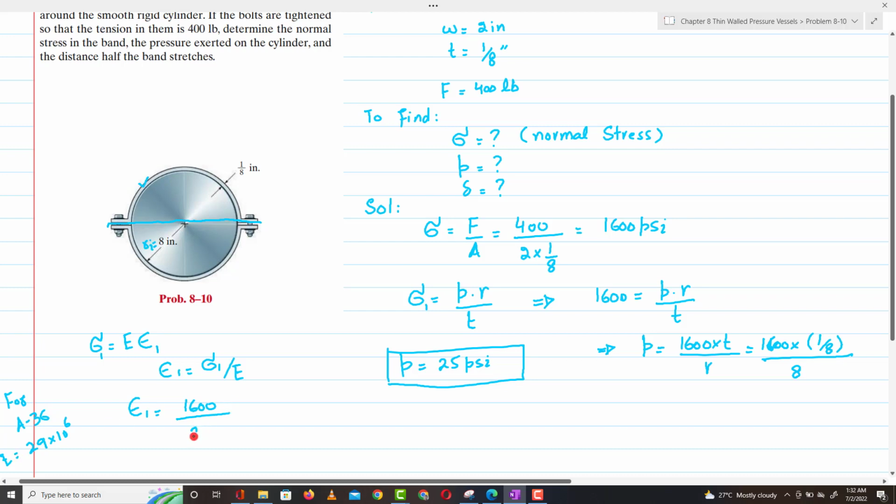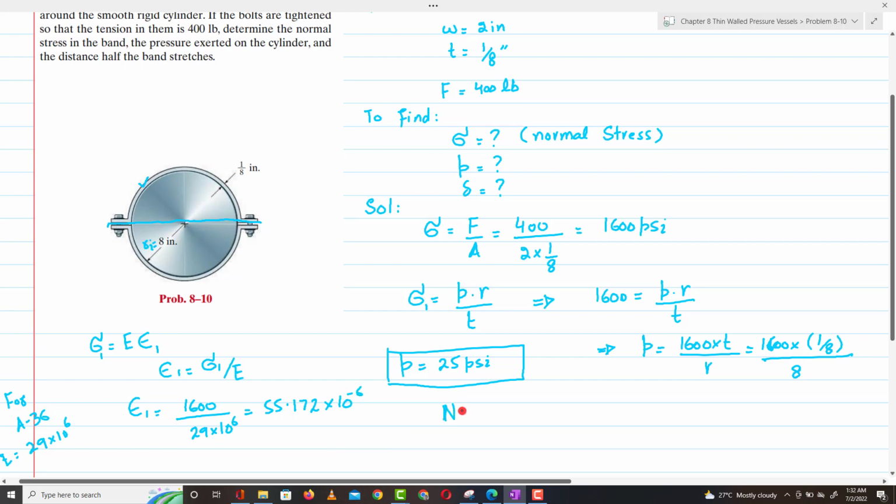So you can put the value 29 into 10 to the power 6, and you will get the strain equal to 55.172 into 10 to the power minus 6.